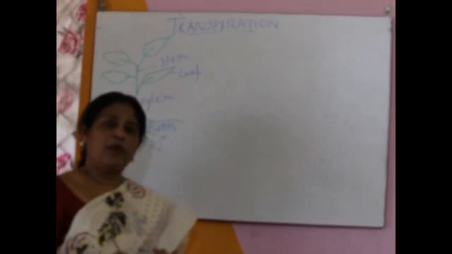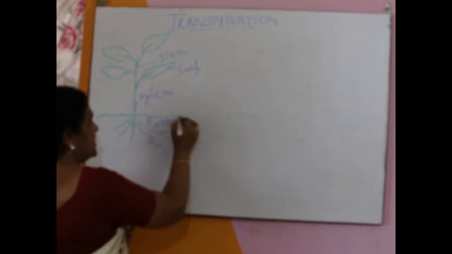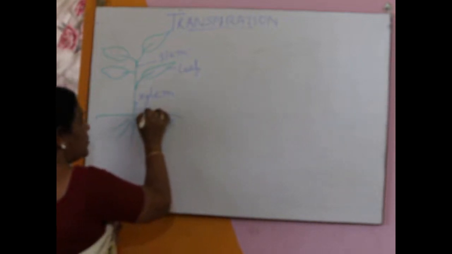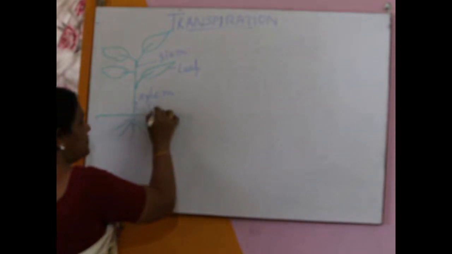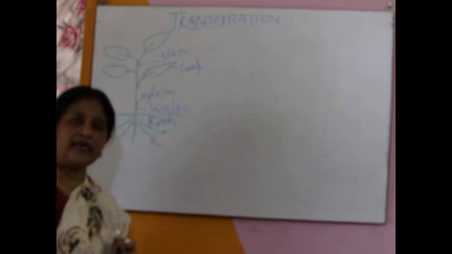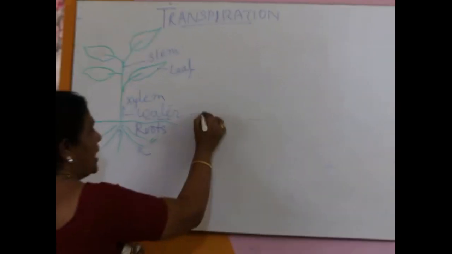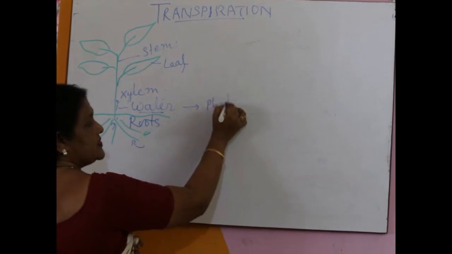The importance of water for plants is that this water absorbed by the roots is essential for the plants to carry out photosynthesis.